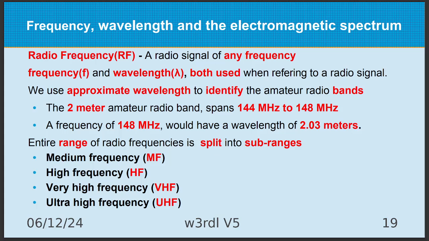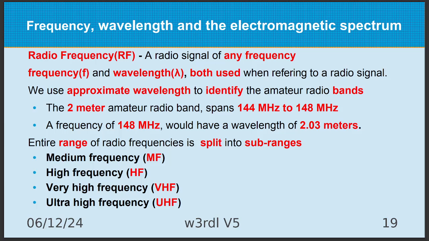So when you look at your chart and you see that the 40 meter band is 7 point something, and you start doing all the math, you find out that actually it's 40.02.